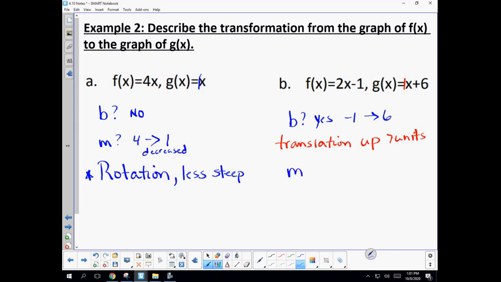Did my slope change? Yes. It went from 2 to 1. So I know I'm going to have a rotation. And from 2 to 1, again, it decreased, so I know that my slope is going to be less steep. The m sign didn't change, so there's no reflection going on.